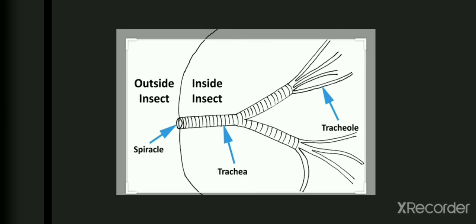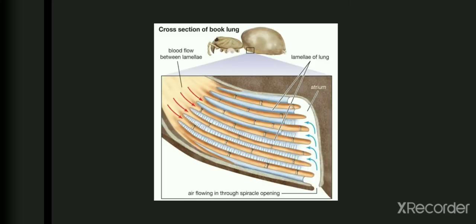The tracheal system consists of spiracles, trachea, tracheoles, and air sacs. Tracheal respiration is found both in aquatic and terrestrial arthropods. It permits rapid oxygen exchange. This figure represents the cockroach tracheal respiration system.